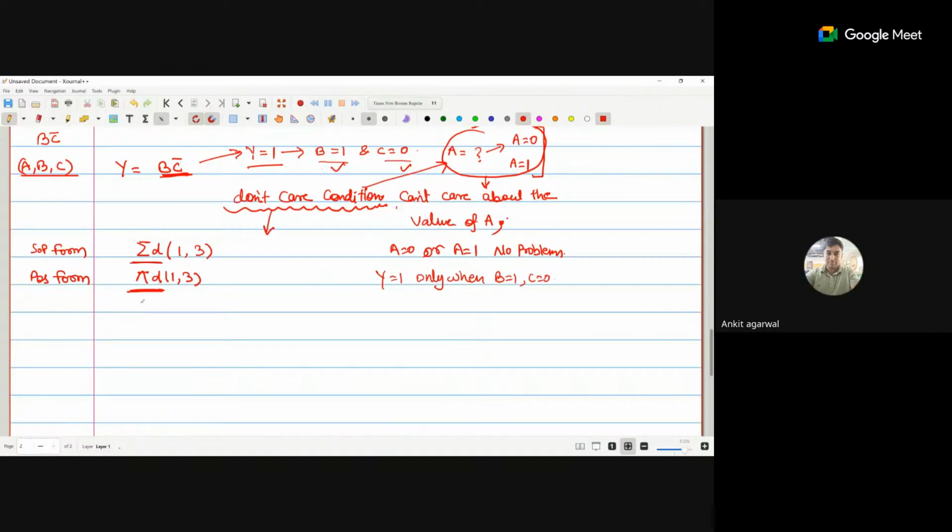Now the thing is that we use the don't care condition when there are any possibilities to maximize the group size.